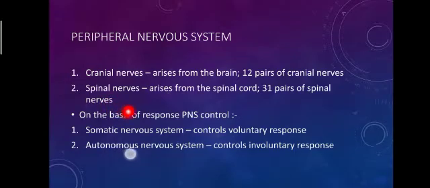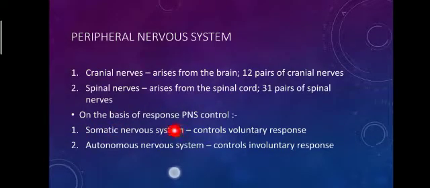There are 31 pairs of spinal nerves. So there are two types of nerves: cranial nerves arising from the brain, and spinal nerves arising from the spinal cord, and then the impulse is sent to the brain.